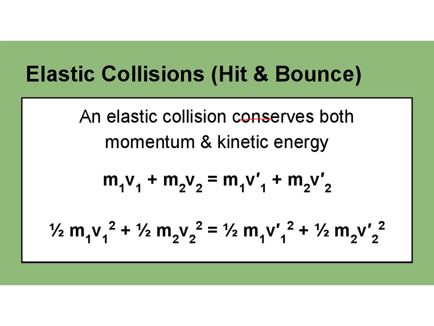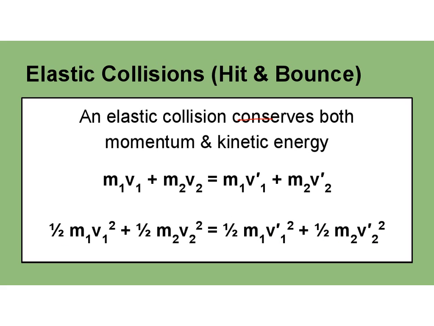That means that we get to conserve both momentum, here's that equation, and kinetic energy would also be conserved. So here's the equation that would look like that. You've got the kinetic energy of the first object before the collision. Add to that the kinetic energy of the second object. Here's the total kinetic energy before the crash. Here's the total kinetic energy after the crash.